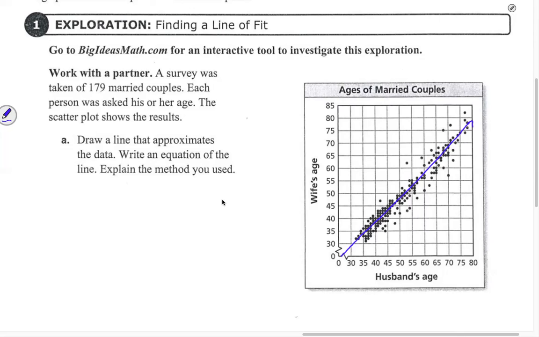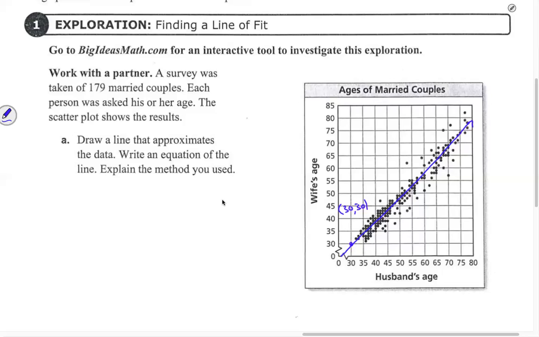Point. All right, so up here, we're going to approximate our slope. So how am I going to do that? I'm going to try and pick a point that is on my line where my line goes through the corner of a box. I'm going to say right about there. That's the point 30, 30.